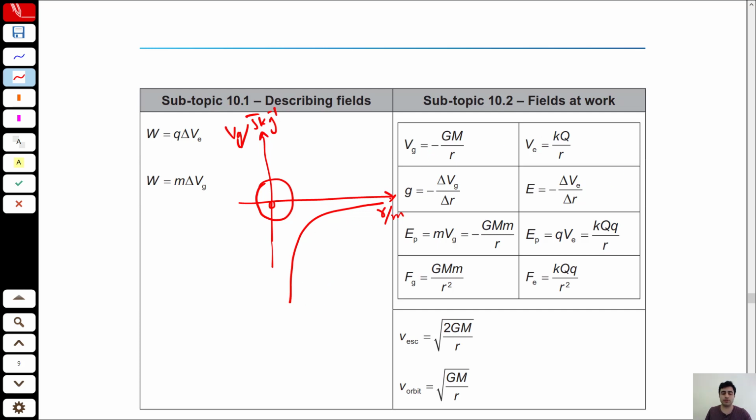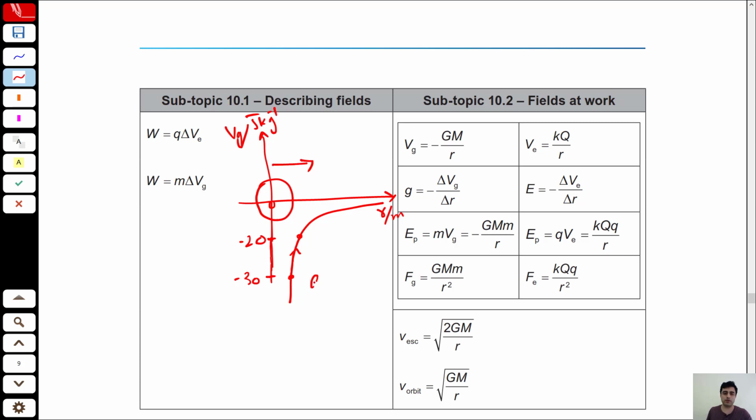So in our case, it looks like we are going from negative 30 to negative 20. So it means we were here, now we are here. So we are moving away from the earth. You can see, if you follow this path, you are moving away from the earth. So it has to be away.